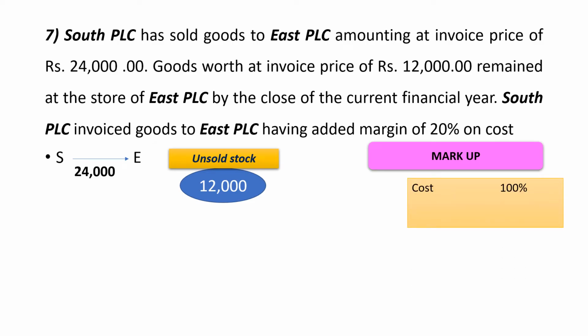Therefore, the invoice price or the selling price will be 120%. Now, we are going to calculate the unrealized profit of the unsold stocks. So we are going to take 12,000 and multiply by 20 by 120 to calculate the unrealized profit. So, the unrealized profit here is 2,000.